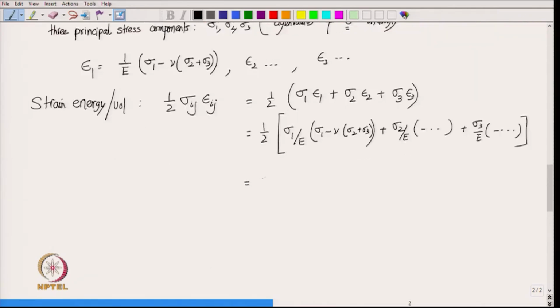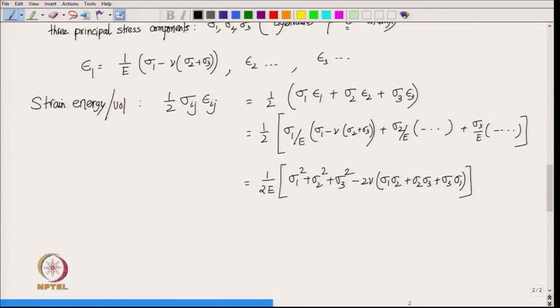And finally, when we combine all of them together, we simply get 1 by 2E into sigma 1 square plus sigma 2 square plus sigma 3 square minus 2 nu into sigma 1 sigma 2 plus sigma 2 sigma 3 plus sigma 3 sigma 1. Okay. So, that is the total elastic energy per unit volume at a point.